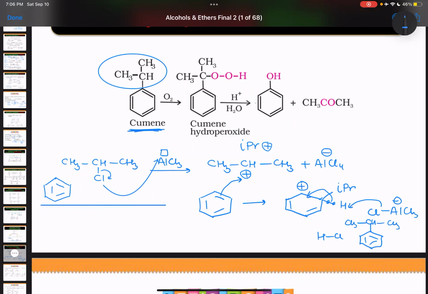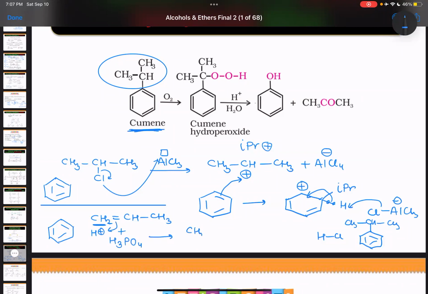The other way can be you took the benzene and you took propene, and you took some acid, let's say H3PO4, which gives H plus. The acid will give H plus, which will get connected to CH2 by Markovnikov addition.